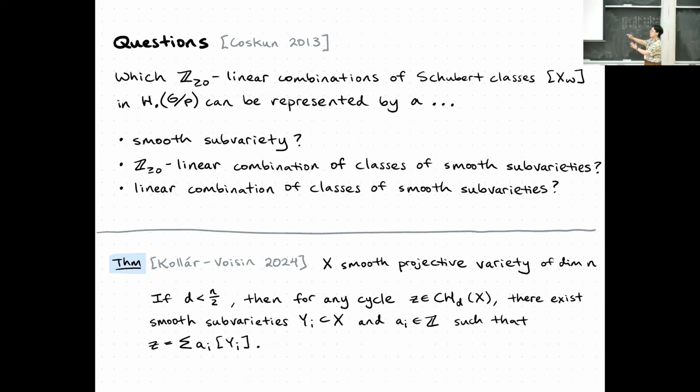So this answers that third bullet in dimension less than half. Oh, and maybe I'll also point out that in the case of G mod P, the Chow ring is the same as the cohomology ring because the Schubert cells give you an affine paving.